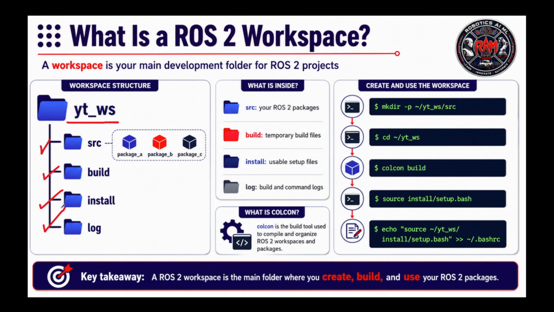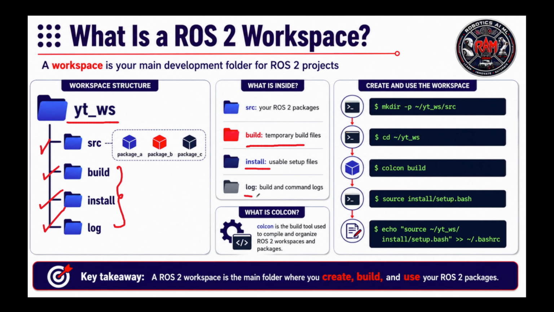When we build the workspace, ROS2 generates 3 additional folders. These 3 additional folders will be created when we build it. The build folder contains temporary files used during the compilation. The install folder contains the usable results and setup files generated after the building.